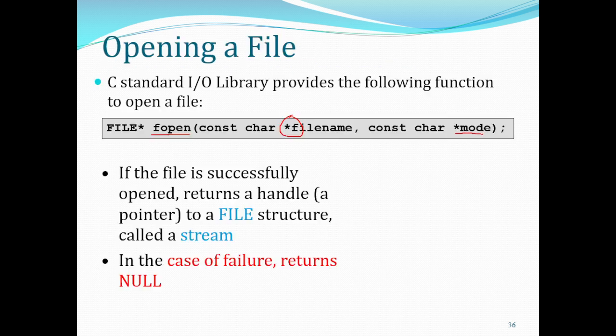We are usually using the file structure. In case of failure, let's say if there is no file or if we have some errors, we are basically getting null back.